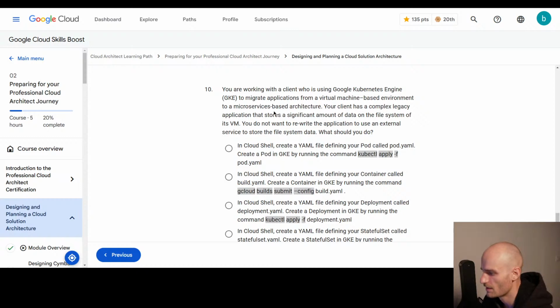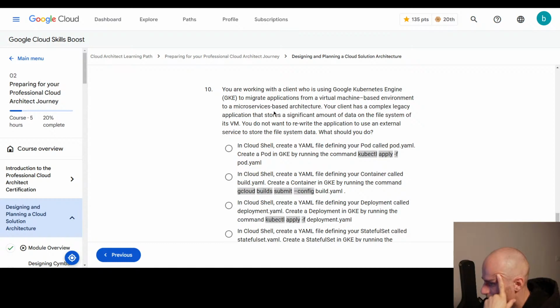In Cloud Shell, create a YAML file defining your pod called pod.yaml. Okay, different types of clusters here.